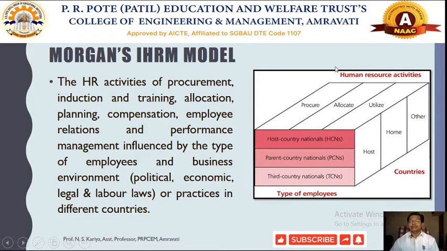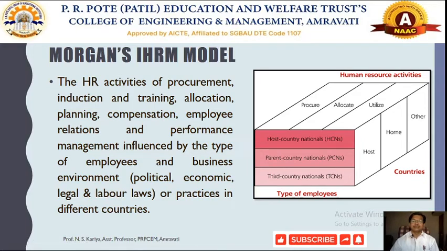So whenever we are going to define IHRM from an international perspective, the IHRM function is nothing but procurement, allocation, and utilization of human resources working in different countries, dealing with different kinds of expatriates. So managing the different kinds of employees or expatriates, and their procurement, allocation, and utilization in different countries, that is called international human resource management.